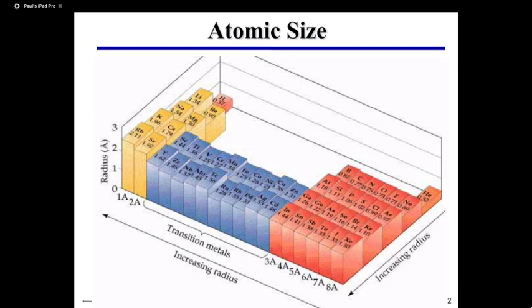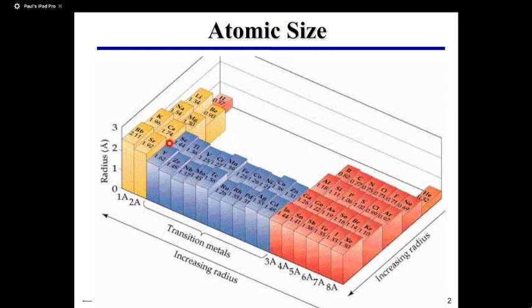Now, look at the trend. In this red box here, where all of the p electrons are, except for that one s electron. Look at the trend. That works pretty good, doesn't it? Over here in the alkali and the alkaline earth metals, the trend works really good. Where does the trend mess up?